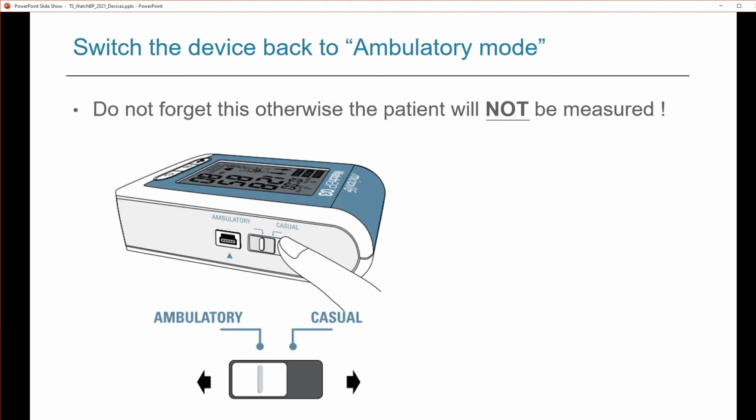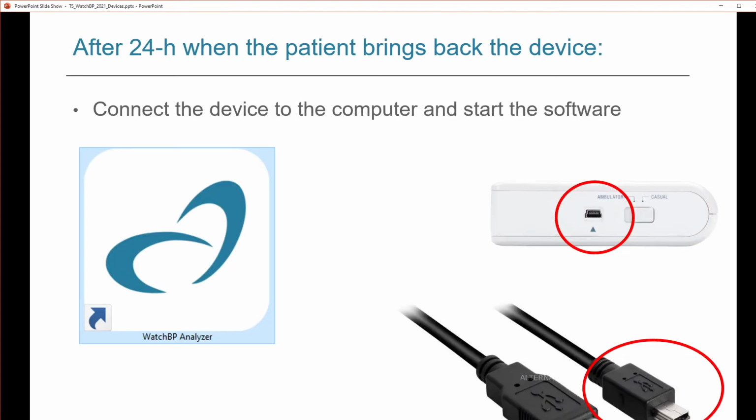If that is the case, then you switch back the shift button to ambulatory. And this is at the side of the device, as you can see here. And it is very important that you shift it back to ambulatory. Otherwise, there will be no measurement taken. And if you have done that, then the patient is ready to go.